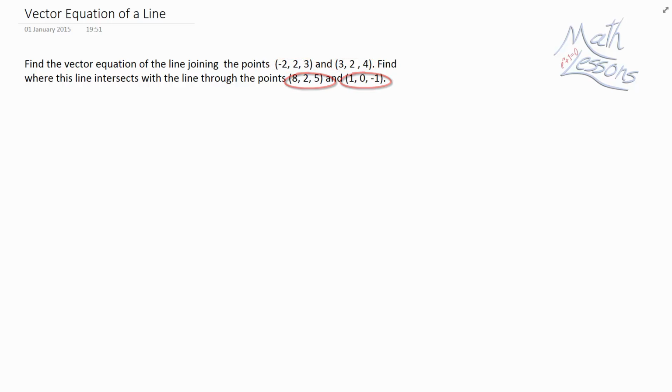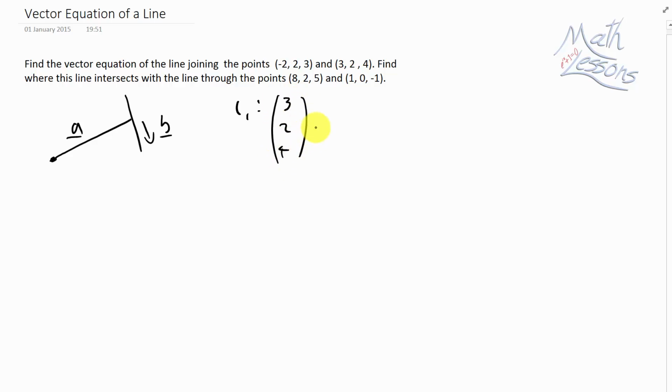So we need to find, remember, how to get from the origin to the line. That's our vector A, and we also need to find a direction vector B in the line. So for our first line, L1, we can find the direction vector by subtracting the two positions from each other, and we get 5, 0, 1.